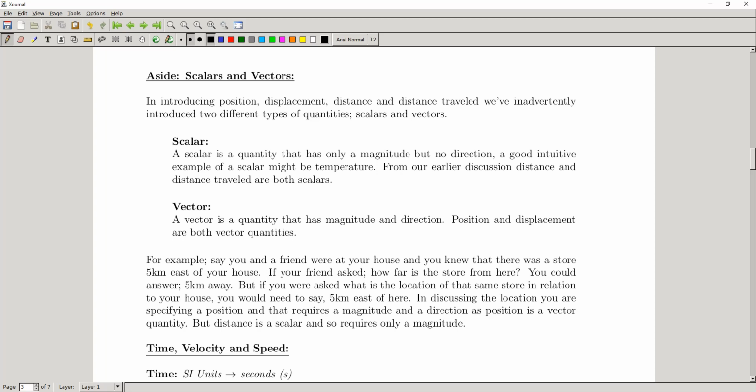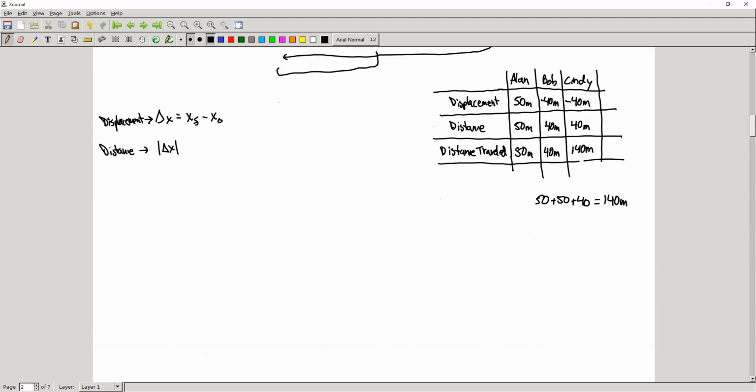A vector is a quantity that has a magnitude and a direction. So position and displacement are both vectors. When we talk about something's position, we need to talk about how far it is, but also what direction it's in, right? Let's look back to our example up here.